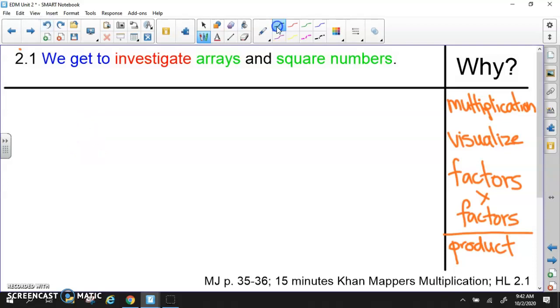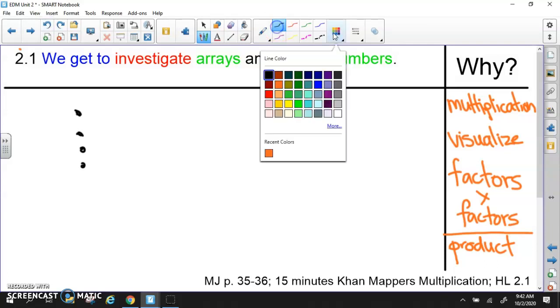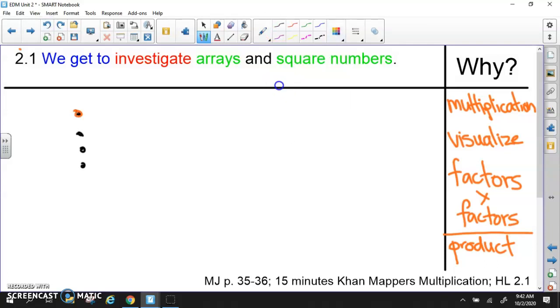Let's see, maybe I could go back to dot pattern. An array is that you color or you expand the dots. Arrays by definition are dot patterns. Okay? Not the X's, not connecting dots. It's a dot pattern. Okay? So I'm going to draw dot patterns. Is everybody okay with that? Okay?